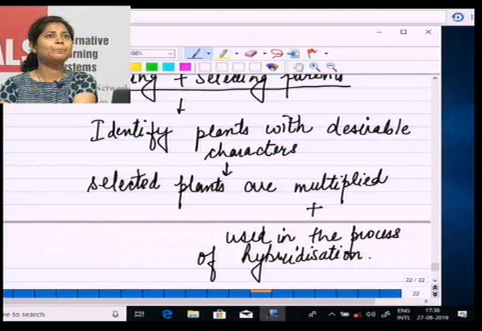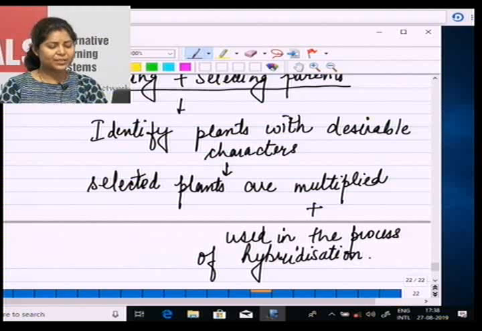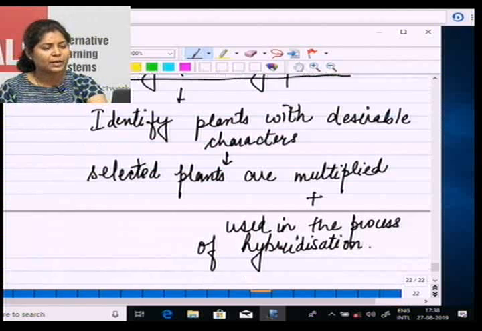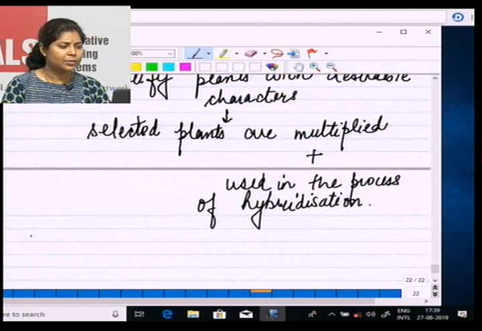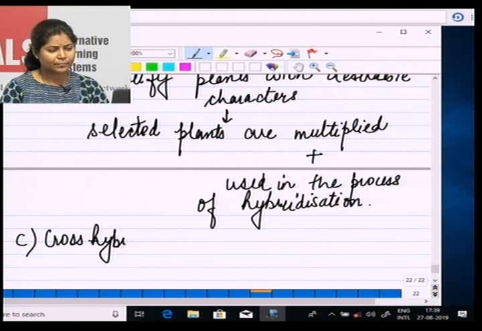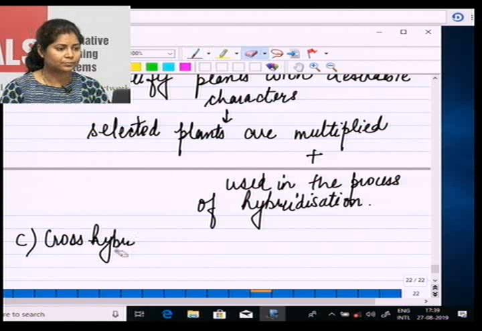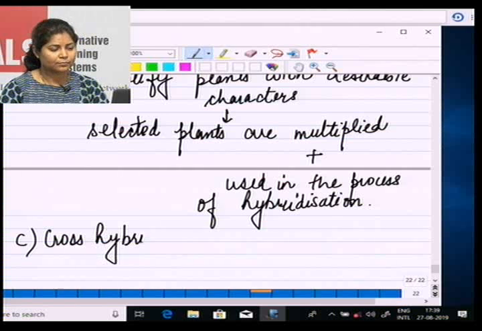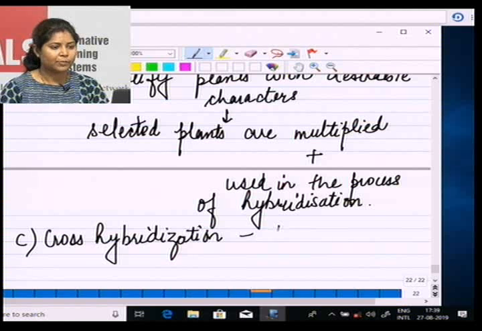Clear, everybody? Can I proceed ahead? Now once you are starting with hybridization, you will be doing cross hybridization. What is cross hybridization?